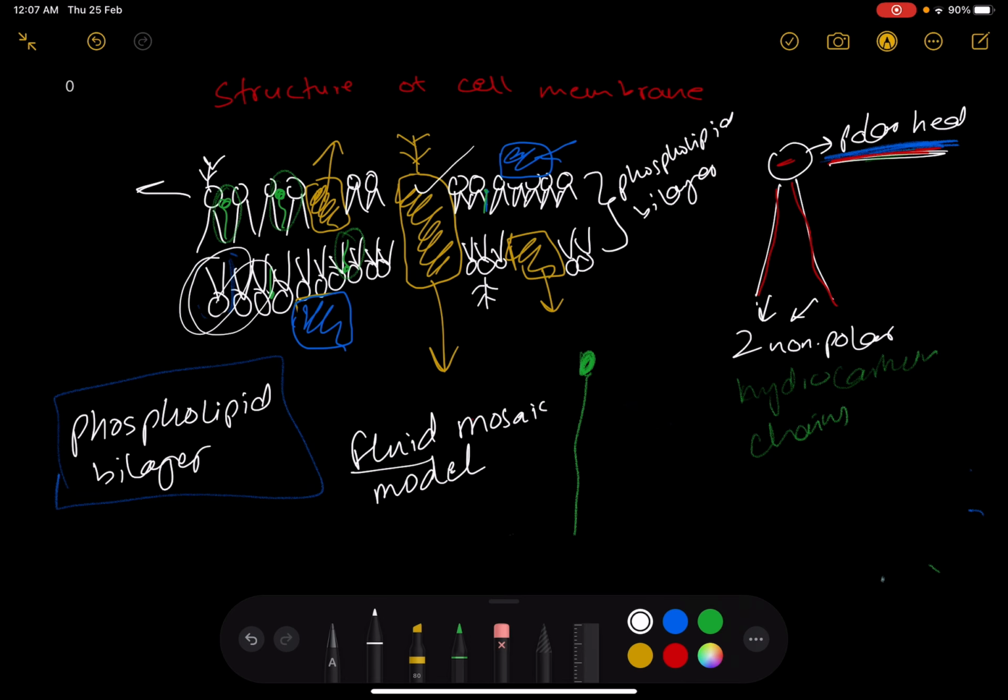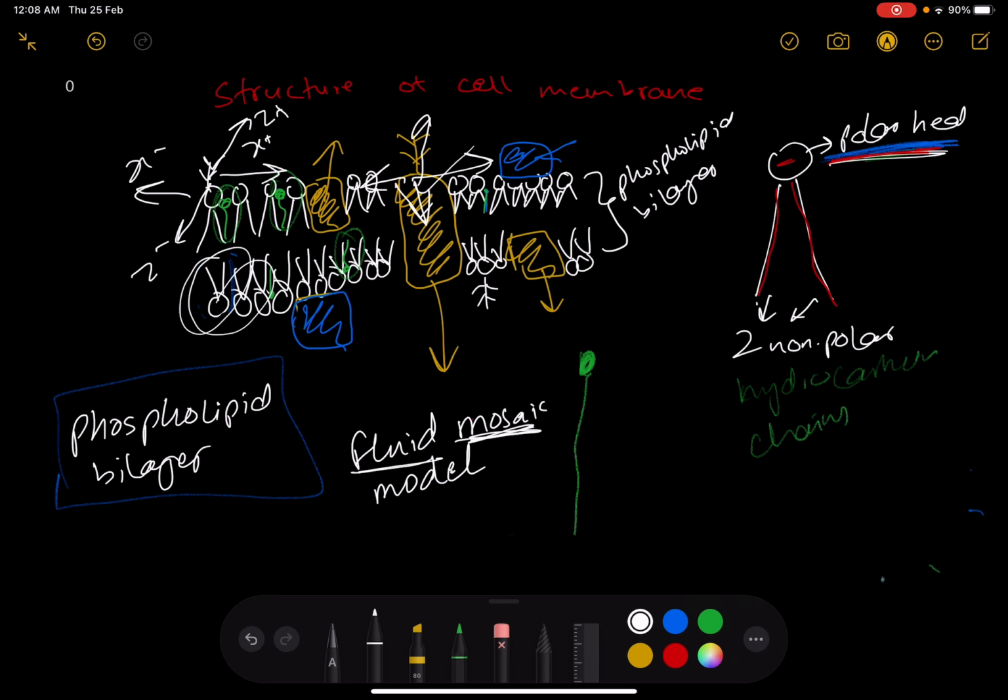They are constantly moving around in the x direction, x positive, x negative, and in the z direction, out of the board and into the board. The same goes for these protein molecules. So the cell membrane is said to be fluid. Now, it's also said to be mosaic because these proteins are embedded in it.